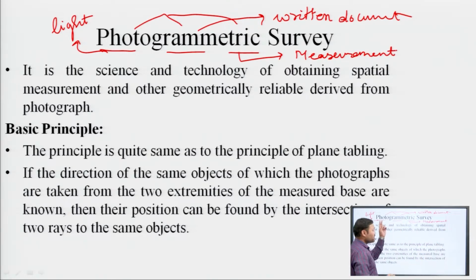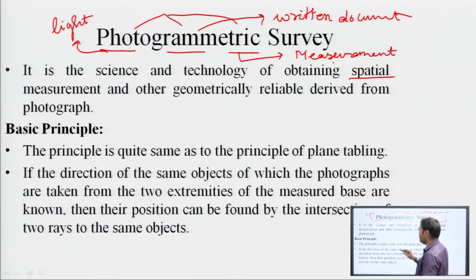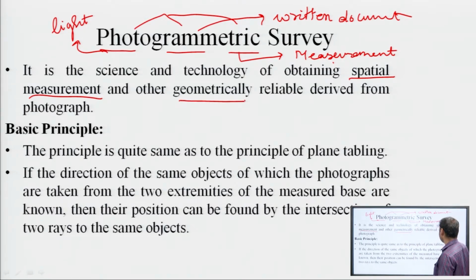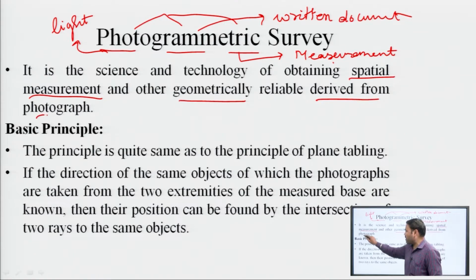By combining all these, light, written document and measurement, we can say that it is basically a science and technology of obtaining spatial measurement along with other geometrical data that can be derived from photographs.